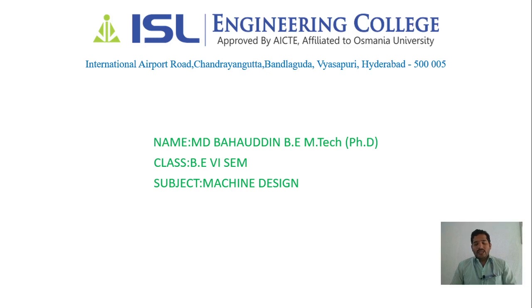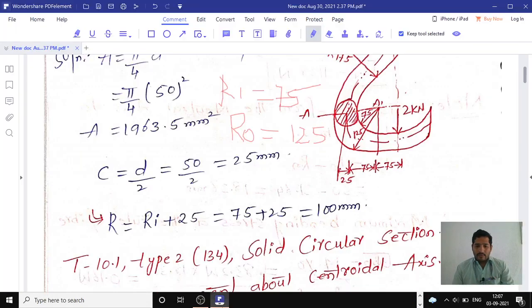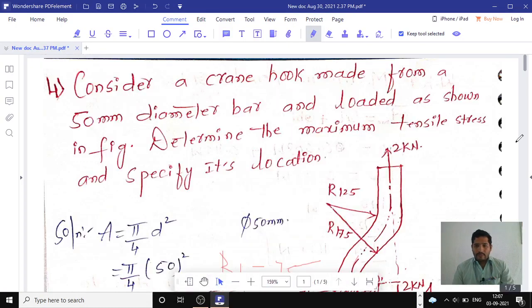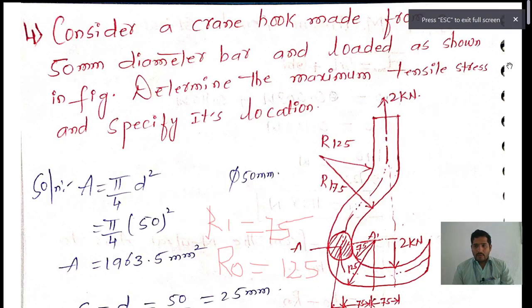So today in this session, we are going to learn the fourth problem on the curved beam, based on the crane hook of a solid circular section.